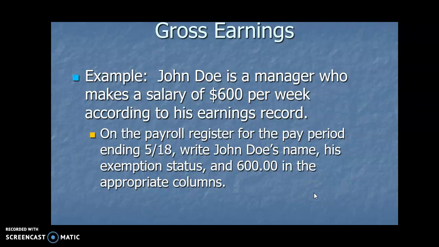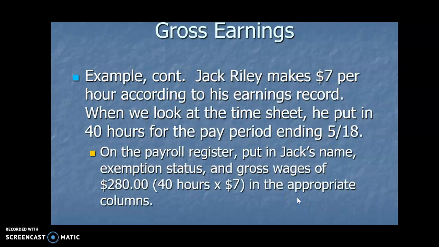Here's an example. John Doe is a manager who makes a salary of $600 per week, according to his earnings record. On the payroll register for the pay period ending May 18, we are writing John Doe's name, his exemption status, and $600 in the appropriate columns.